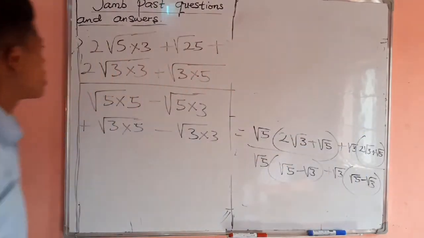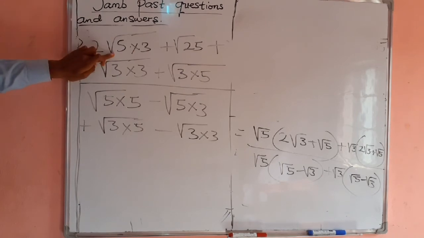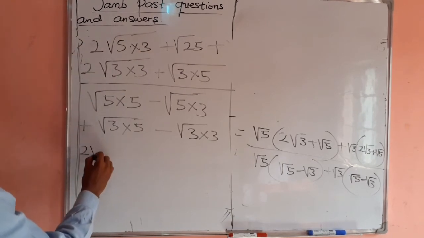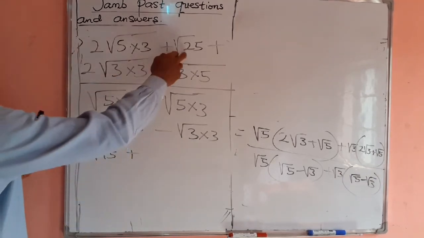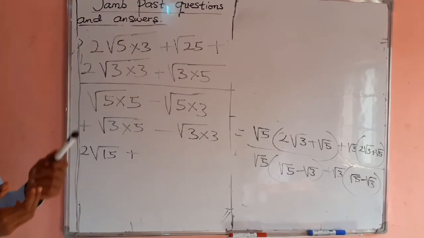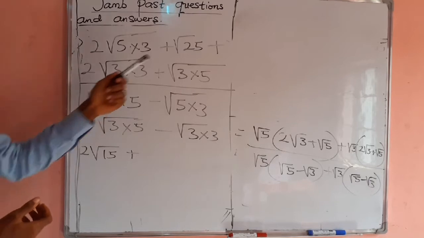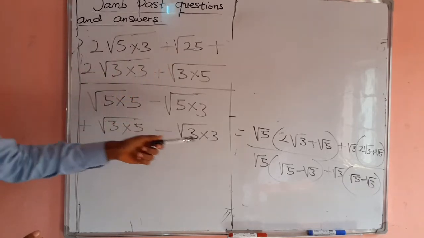Okay, if we are solving this now, let's solve from this top side. 2 root 5 times 3 gives us 15. So this will be 2 root 15 plus what comes next? Root 25. Root 25, as we know, is 5, because 5 times 5 is 25. This is not an irrational number, unlike root 5.